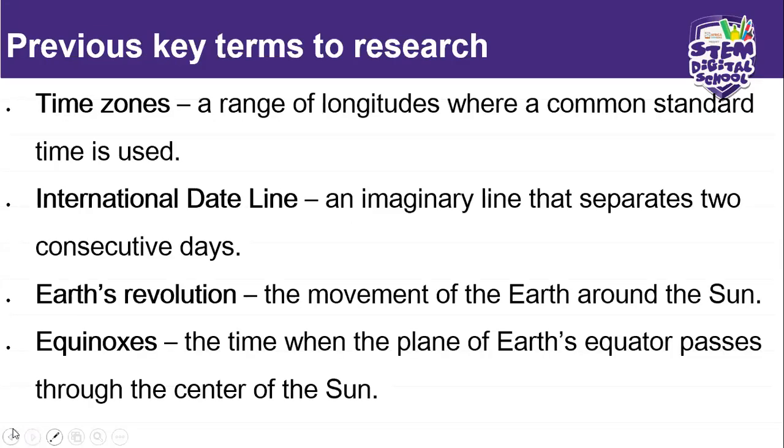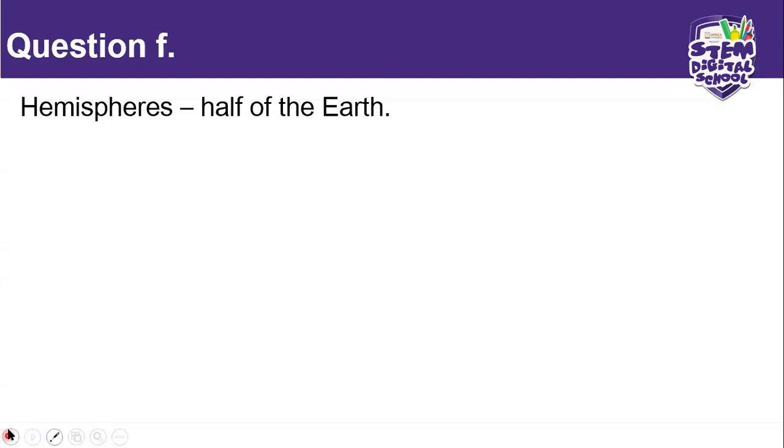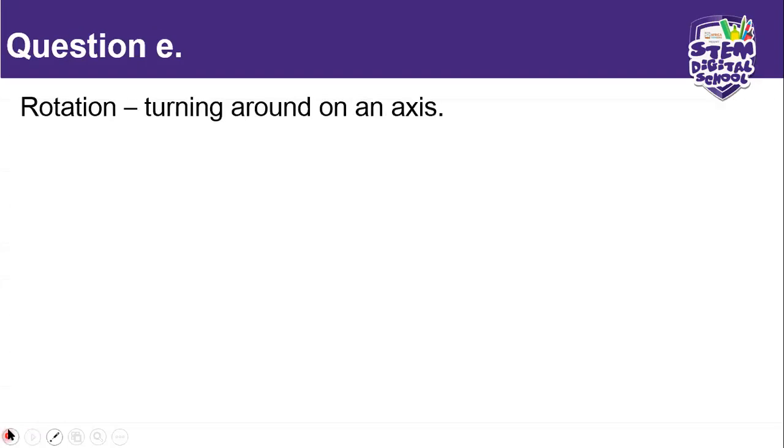Okay. Now, there's something that I forgot to explain that you just need to know. There's another word called revolution. Here we've got rotation. They are two different words. When it comes to the Earth, rotation means turning around on its axis.